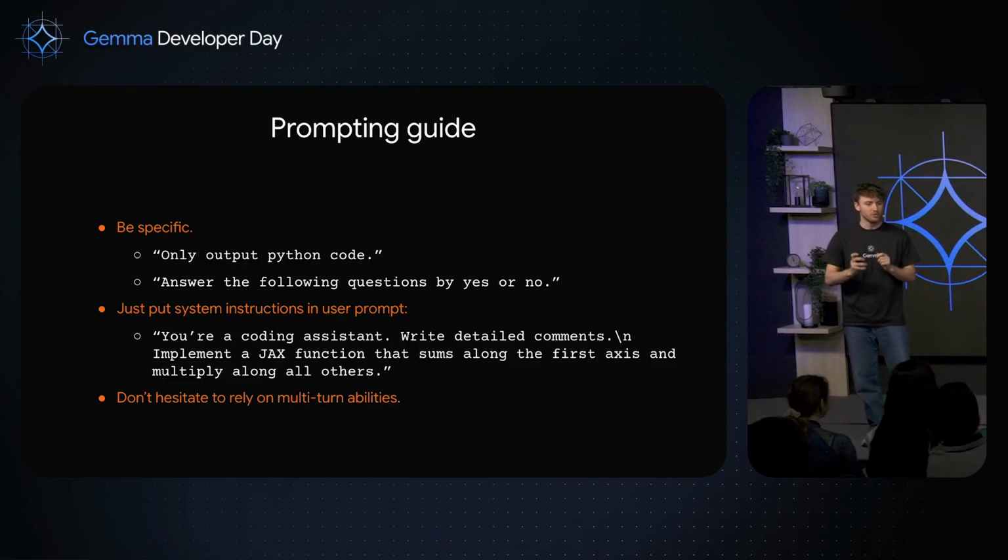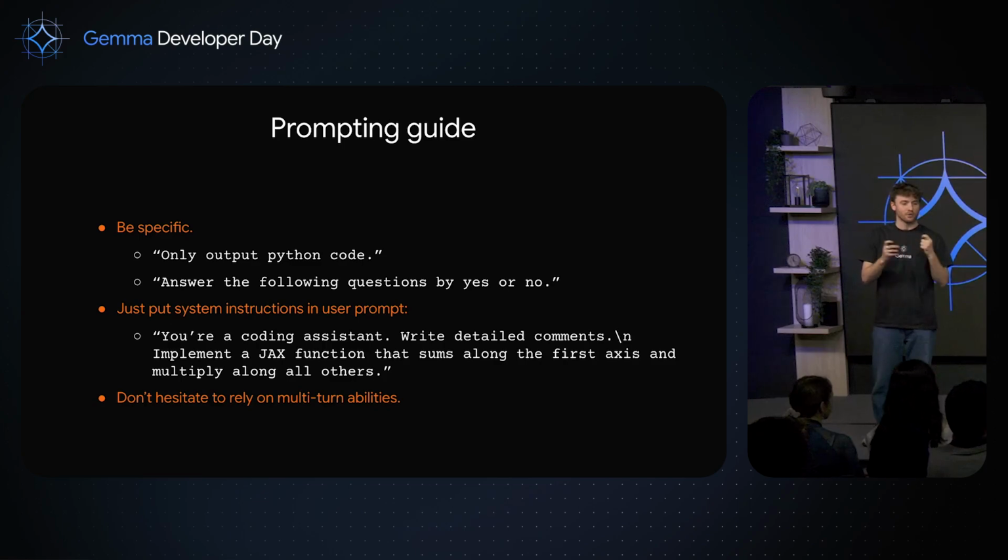Maybe last is a bit more on the prompting itself. We really tuned these instruction-tuned models to be good on a wide variety of tasks. We really looked at tons of metrics. The team spent hours vibe-checking the models on a super large set of abilities. So, just be specific when you want something specific.